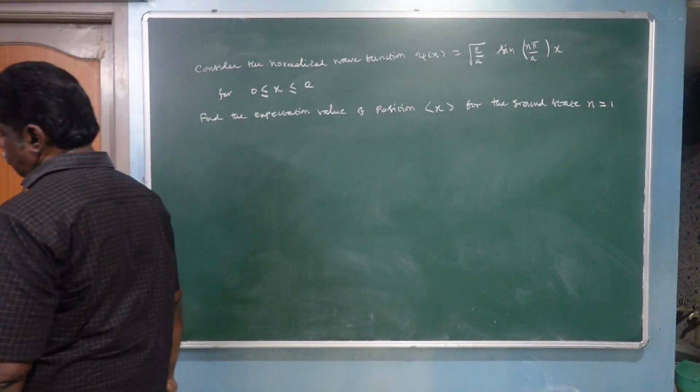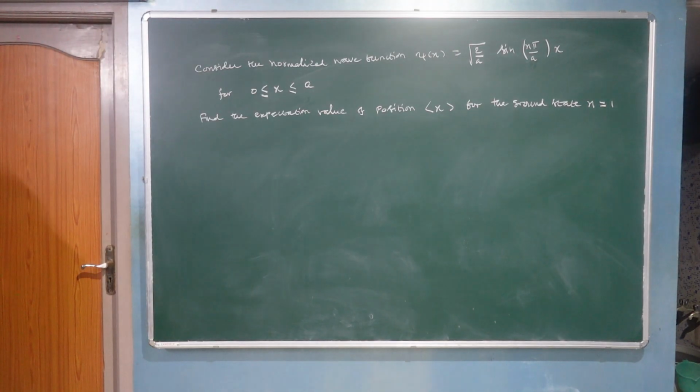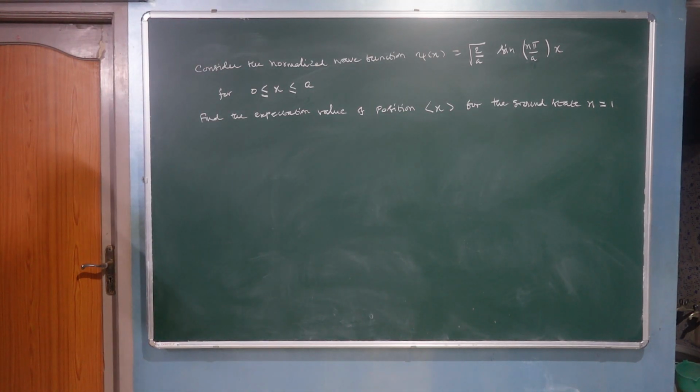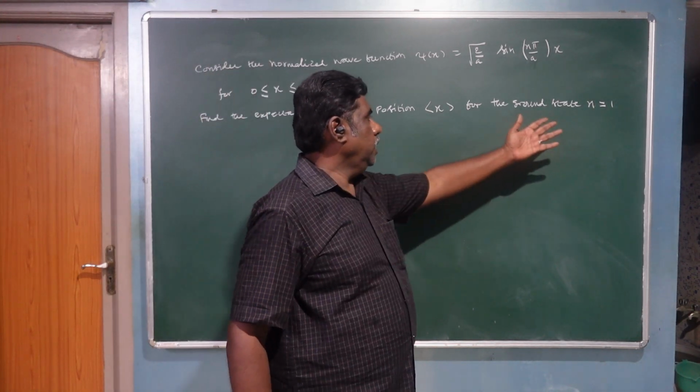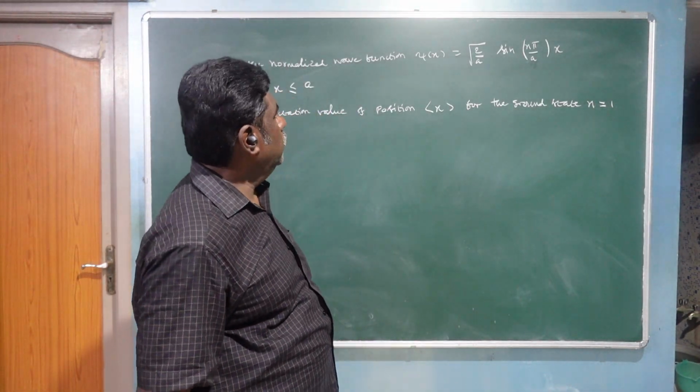This is a wave function corresponding to a particle in a box. If you consider the width of the box to be a, then the expectation value of position in the ground state n equal to 1 should be evaluated.